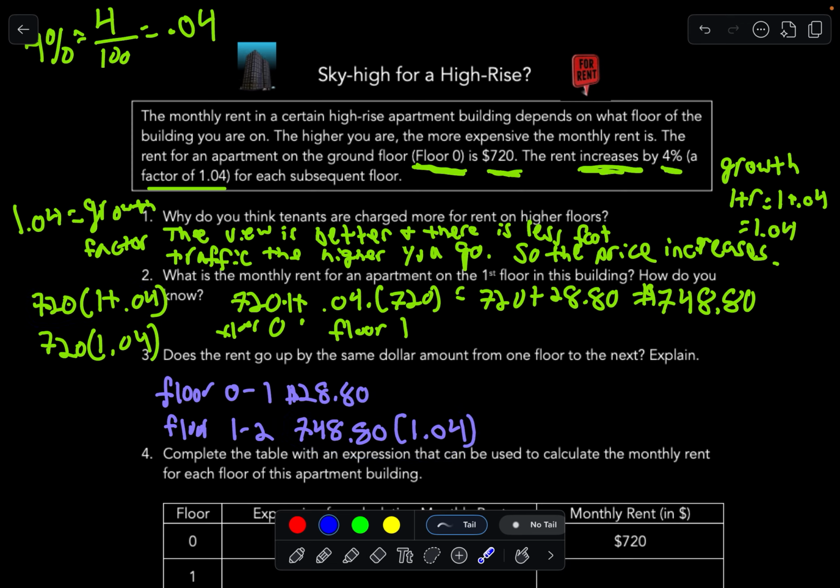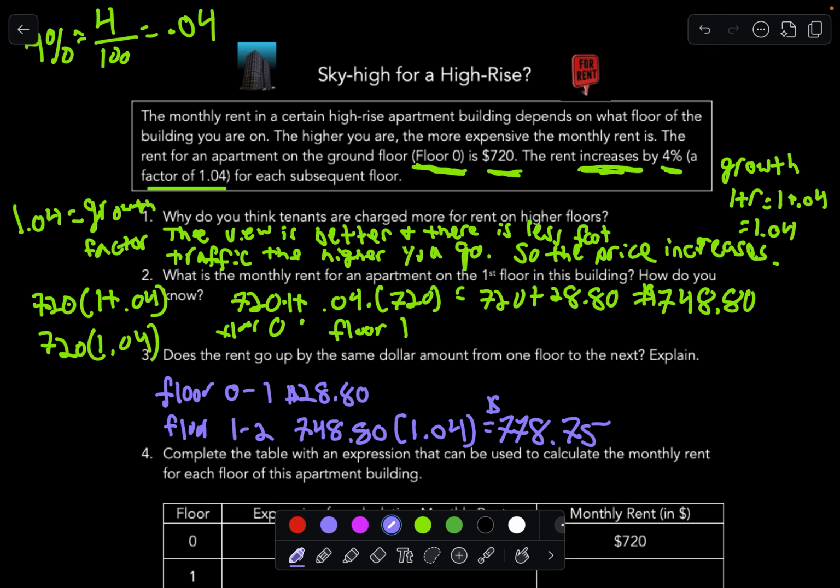So obviously you need a calculator, so this would be 748.80 times 1.04. And that gives you 778.75. Actually it has an extra decimal point, but we're talking money.